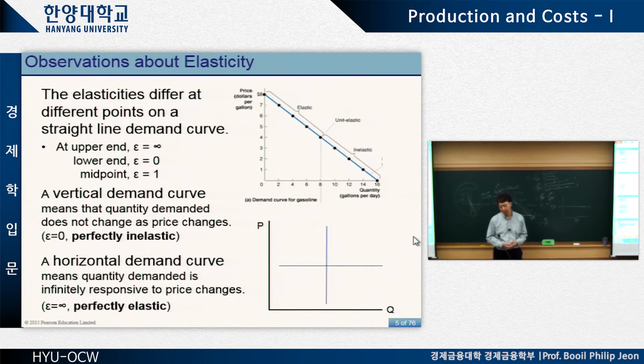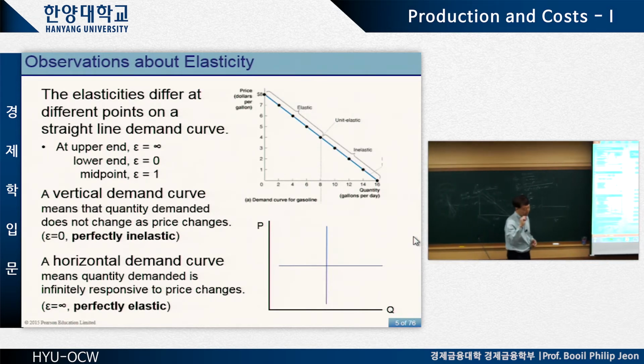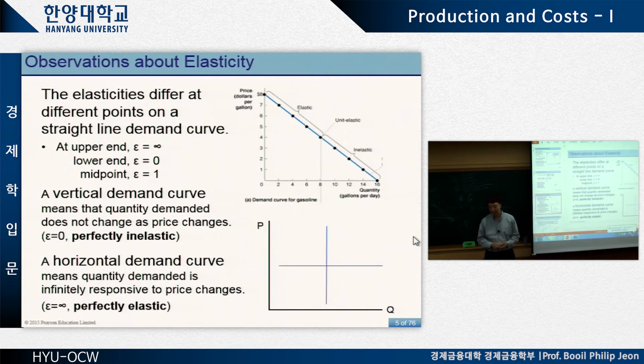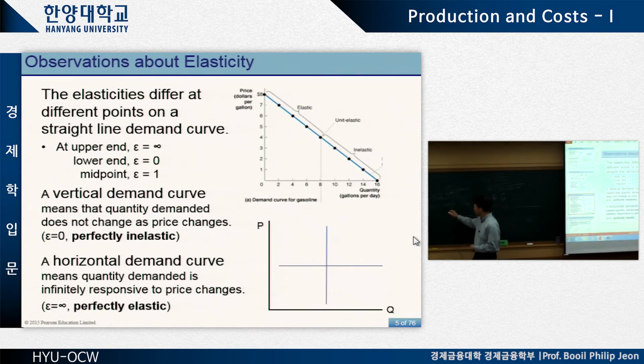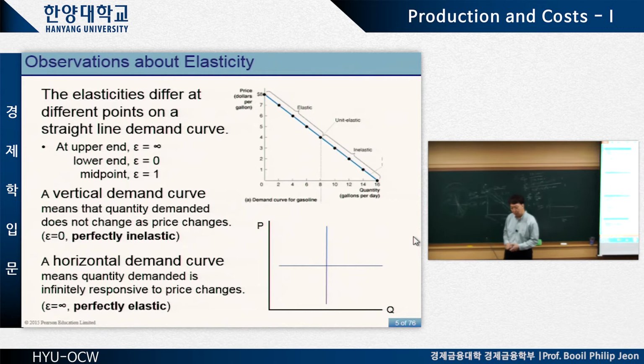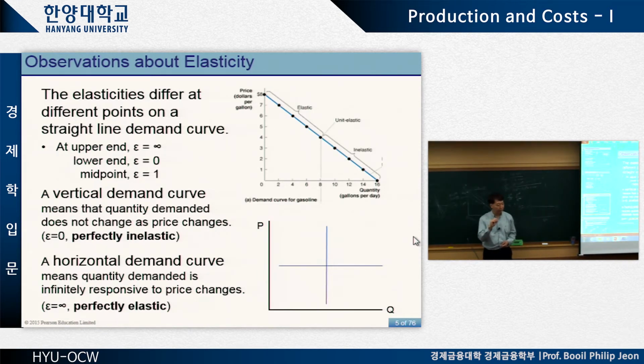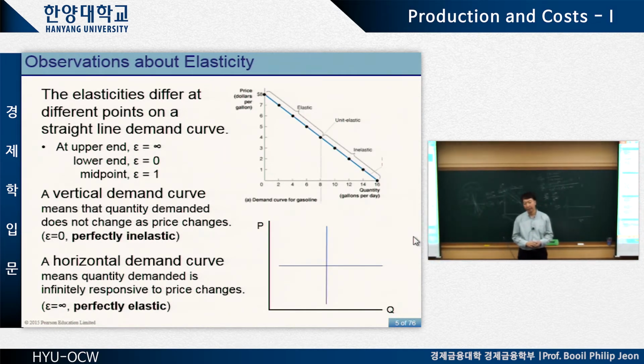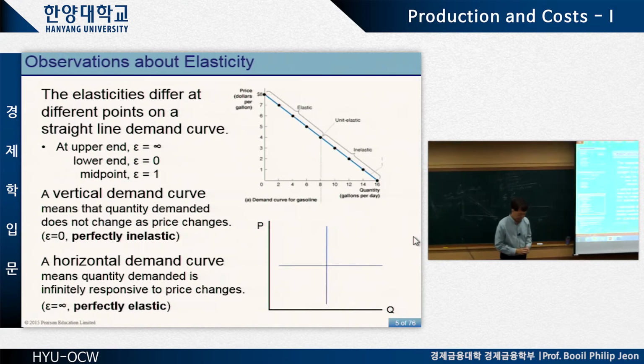So even for a slight change in price, the change in quantity demanded will be what? Infinity. Elasticity will be infinity. Even for a slight change in price, change in quantity demanded will be infinitely large. Okay, all right, so that's the idea.